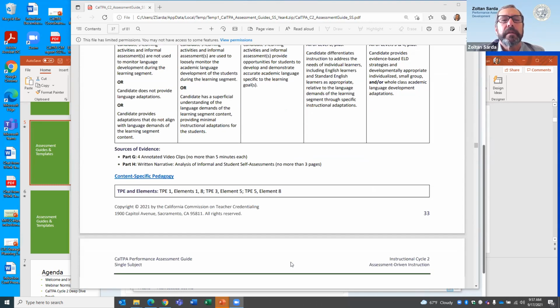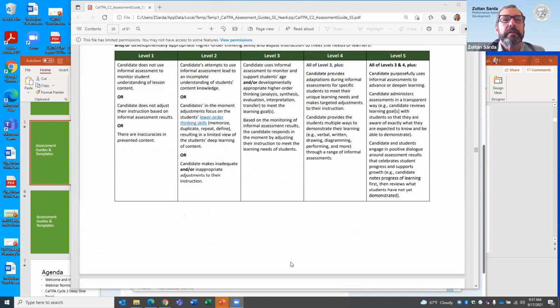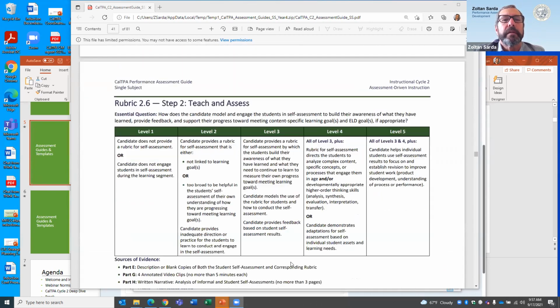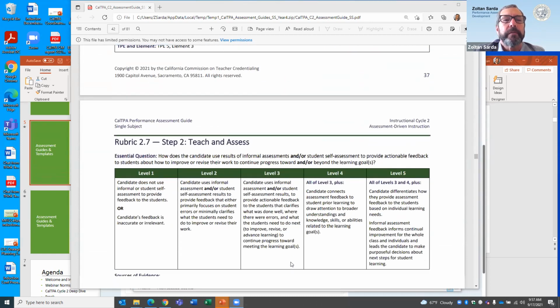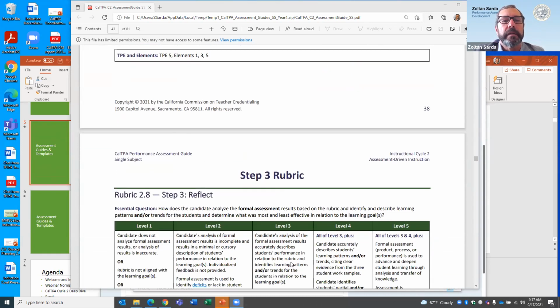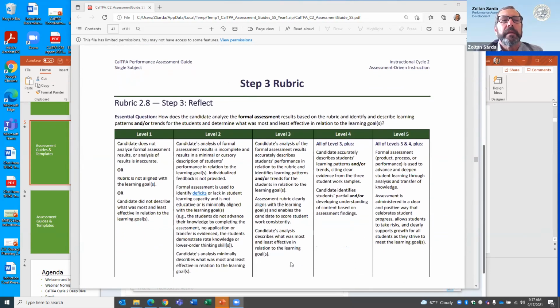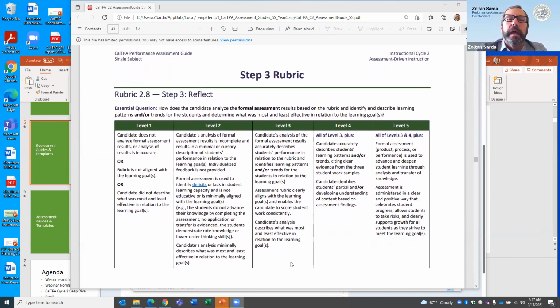Again, there is one rubric for reflect. This is how they analyze the formal assessment results based on the rubric, identify and describe learning patterns and/or trends for the students, and determine what was most and least effective.